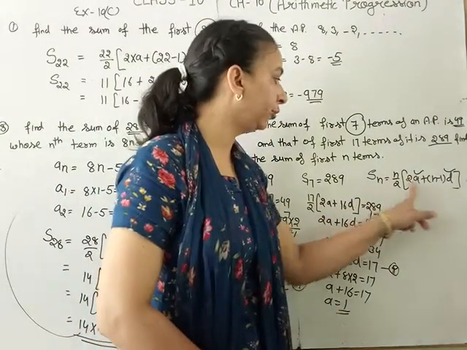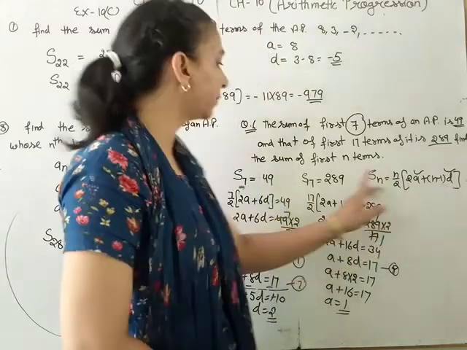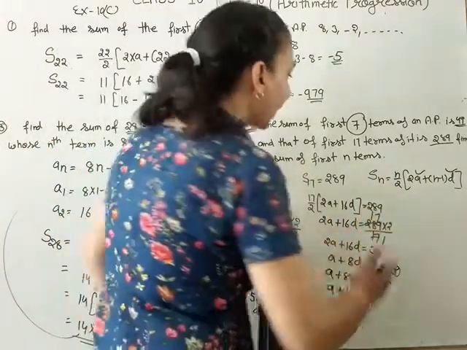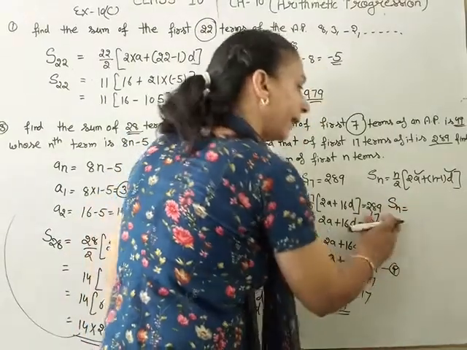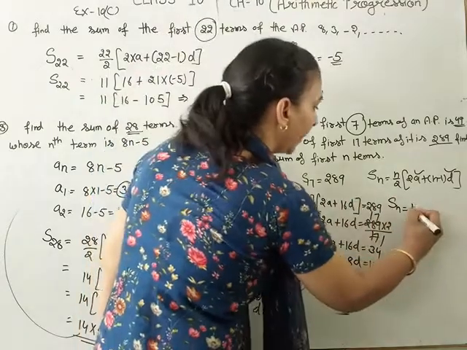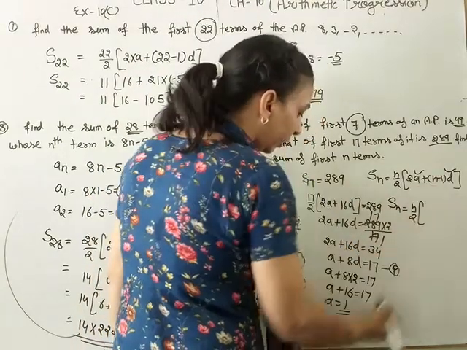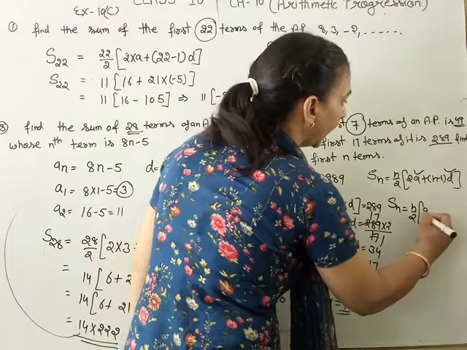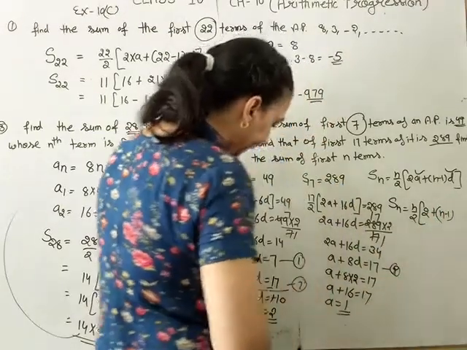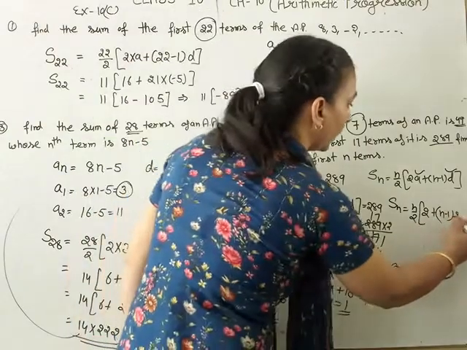Next, we put the values of a and d in the formula, because we find the sum of the first n terms. Then Sn: in place of n we write n. Then n by 2, n as it is, into 2 into a, in place of a 1, then 2 plus n minus 1 into d, in place of d 2.